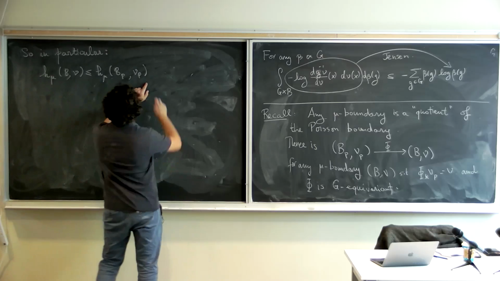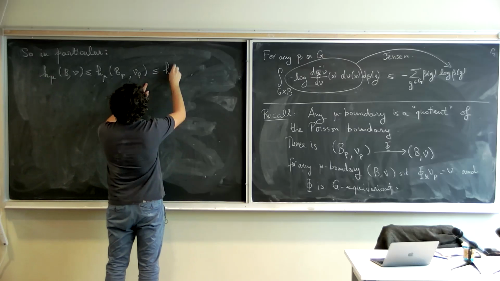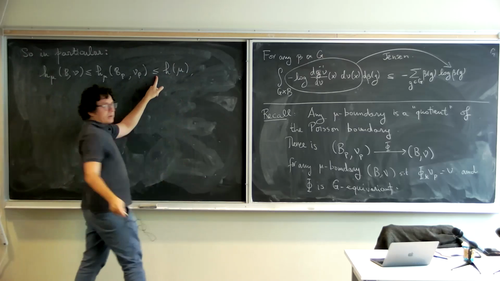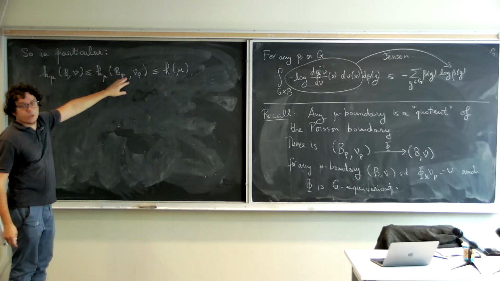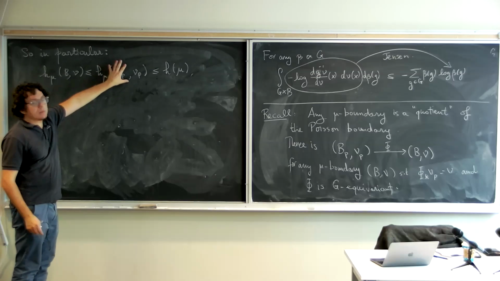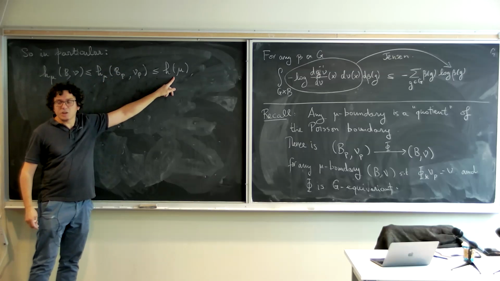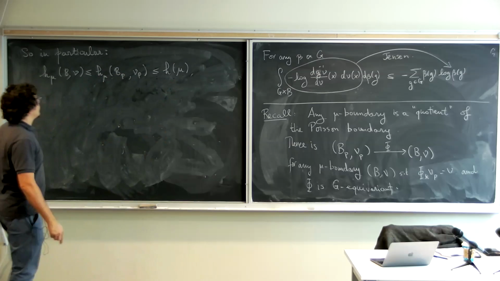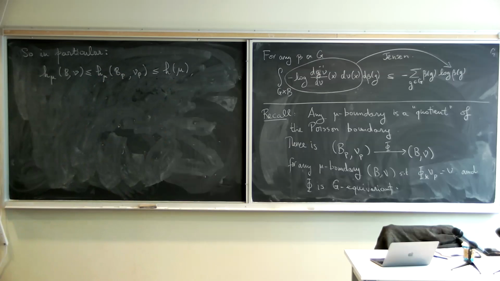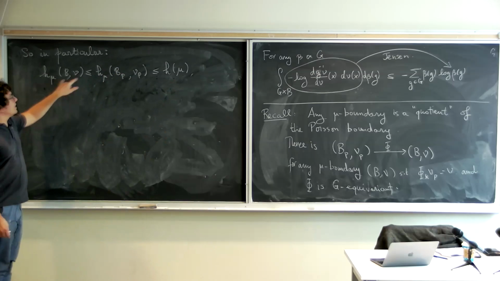So this is less or equal than H of mu. This is the lemma that we saw before. So for any boundary, the entropy of that boundary is less or equal than the asymptotic entropy. Moreover, any other mu boundary has even smaller entropy.